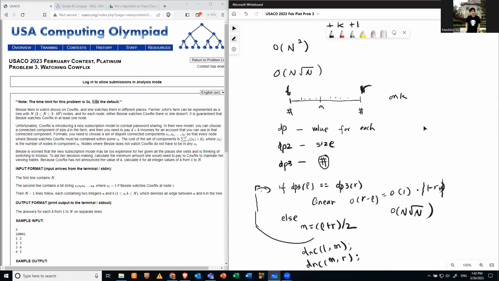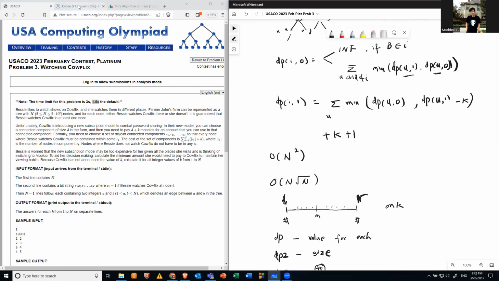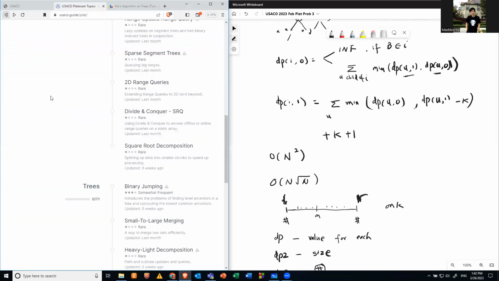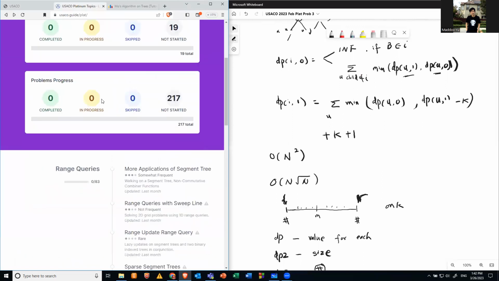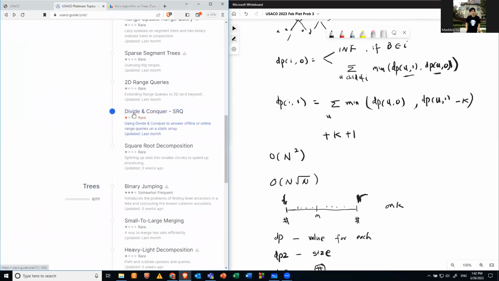Okay, so then you can solve this. Okay, so that uses, in the Platinum level USACO guide question, divide and conquer and square root decomposition technique.